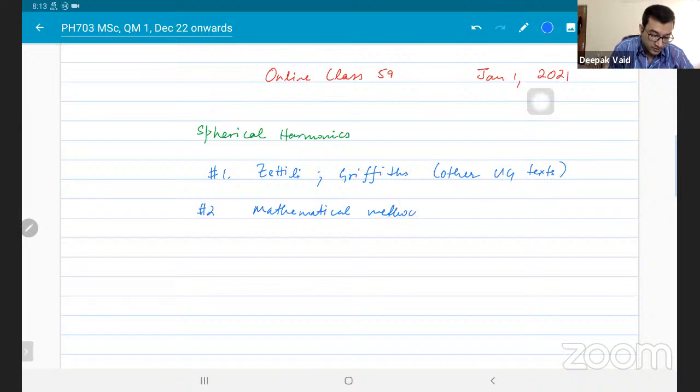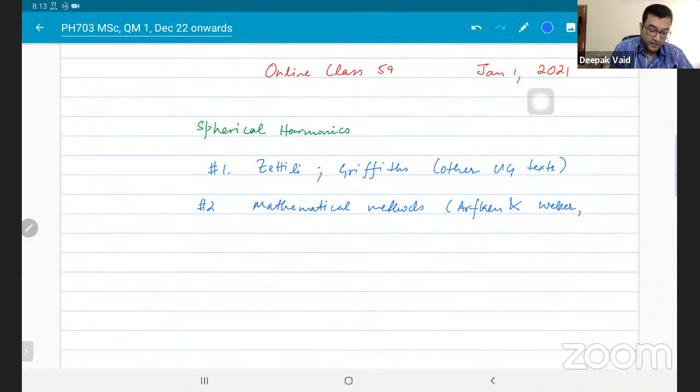A typical example of this is Arfken and Weber. Another very nice reference is the book by Mary L. Boas. It's not very common in India, but it's a very beautiful reference.